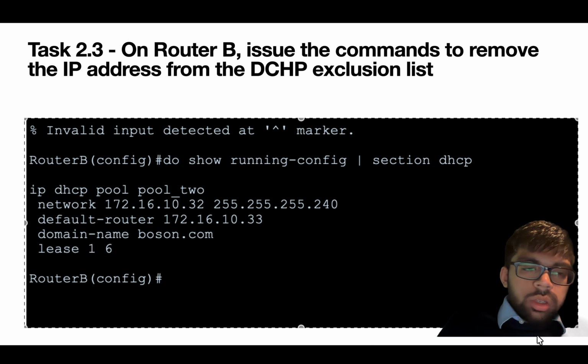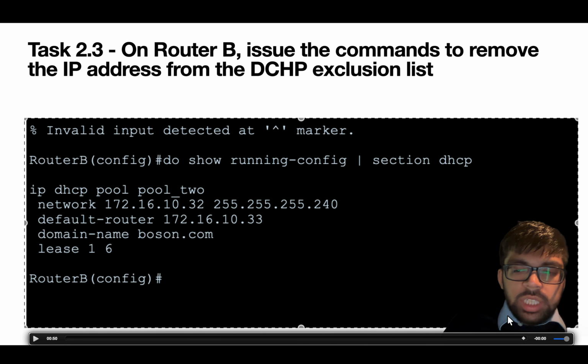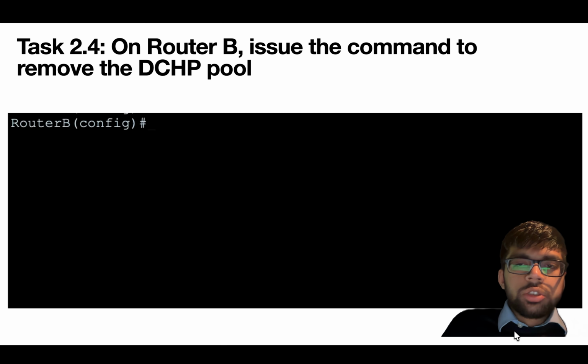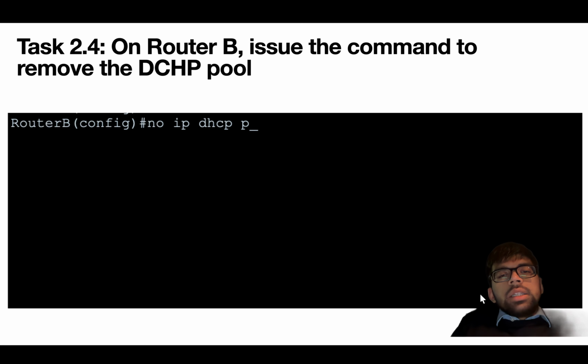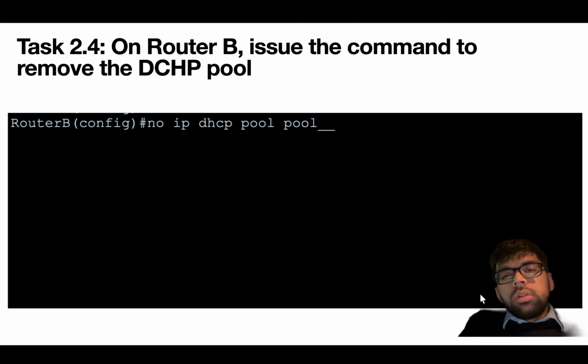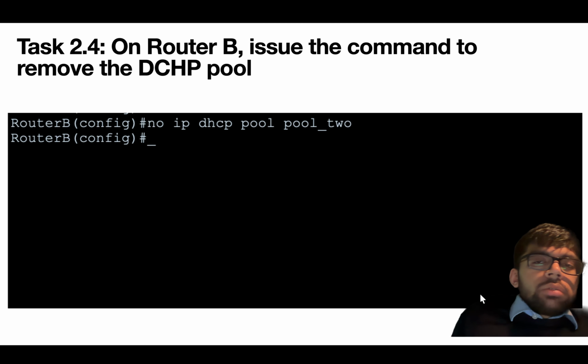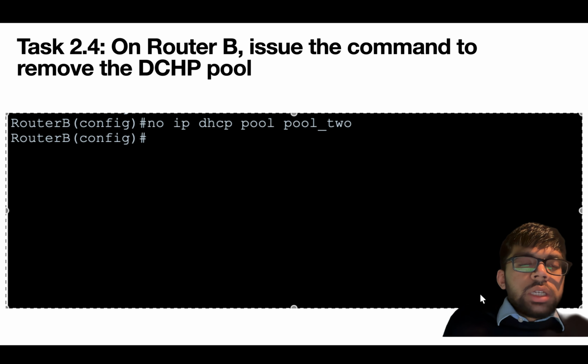Right, so next up, let's go into router B and issue the commands to remove the DHCP pool. No ip dhcp pool 2. So that's what we do there. Let's remove the DHCP pool now.